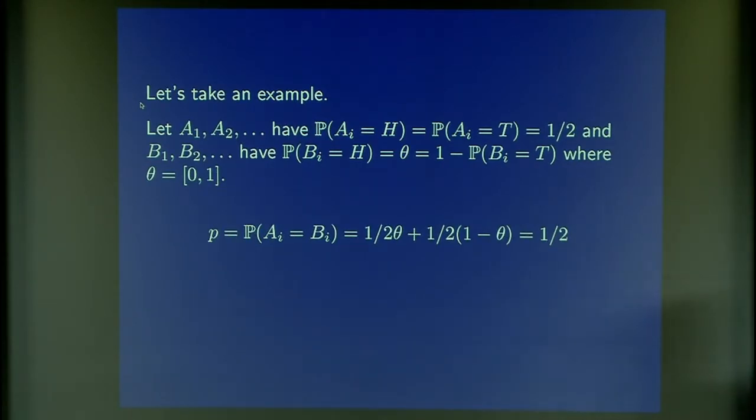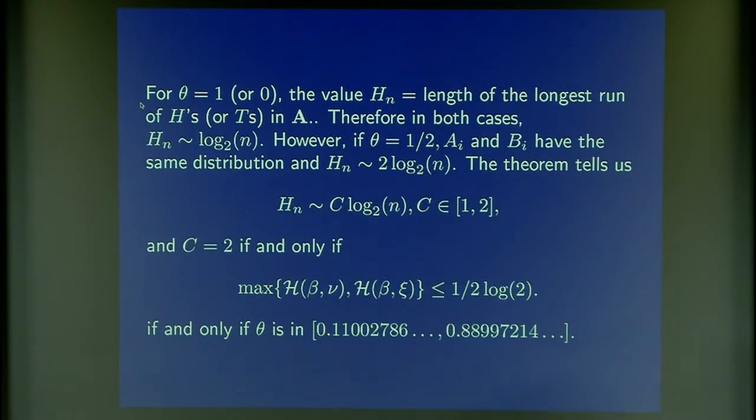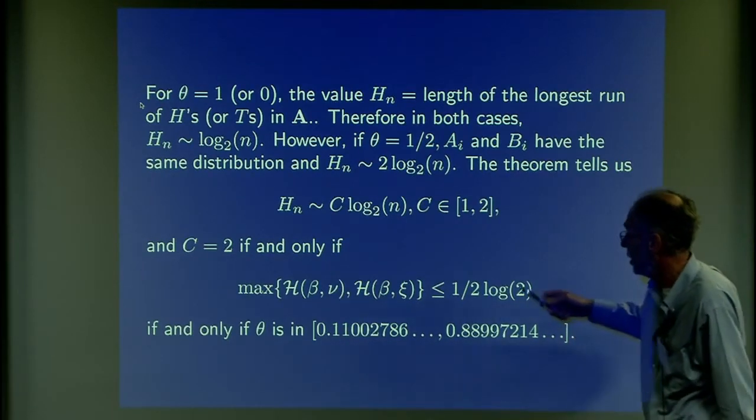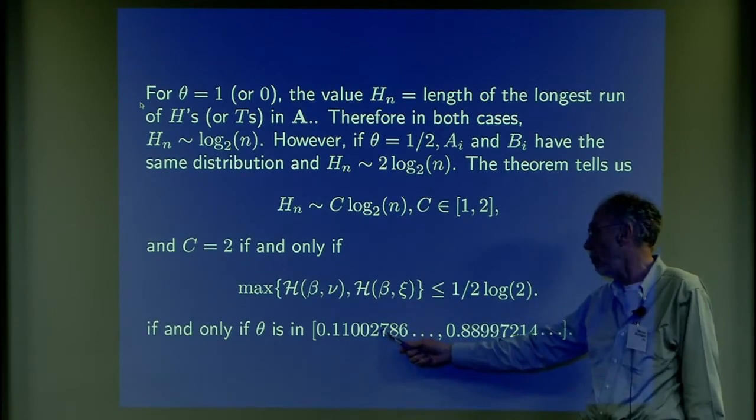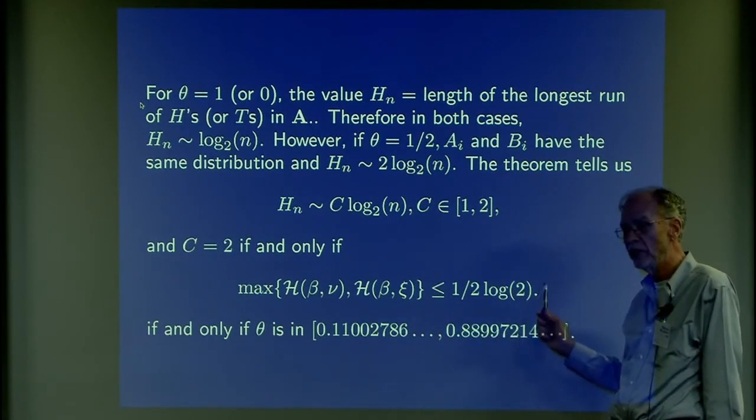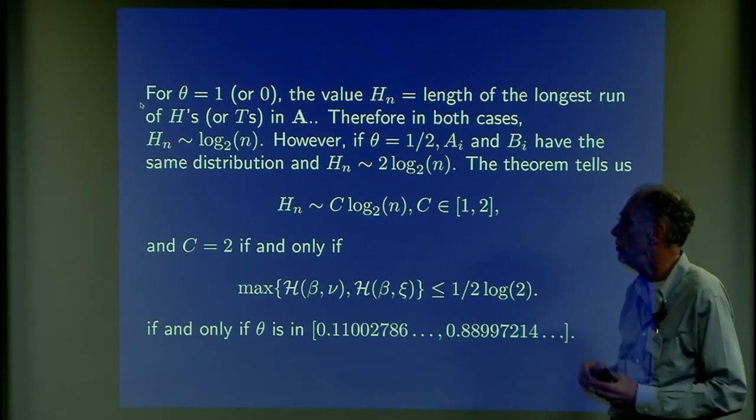So the base of the log in the limit law is the same everywhere. So I've got something to talk about. And astonishingly, this thing is 2 when theta goes from 0.11 to 0.89. It sticks at 2.